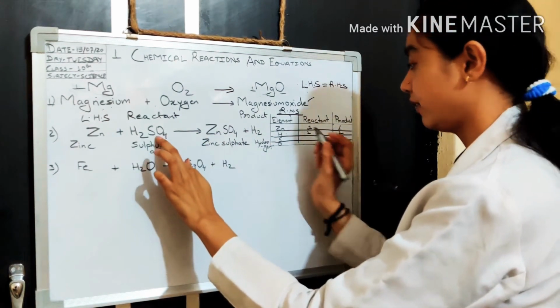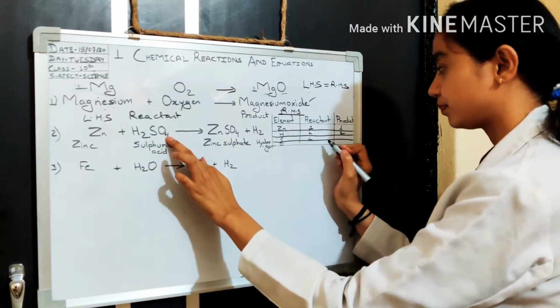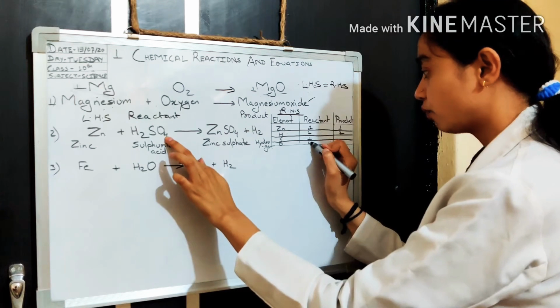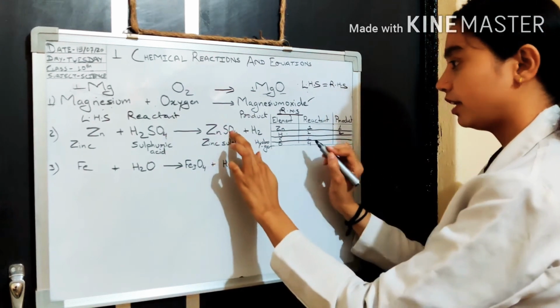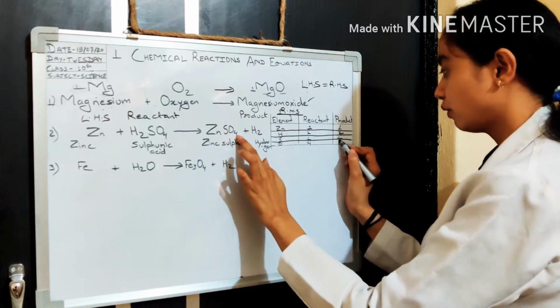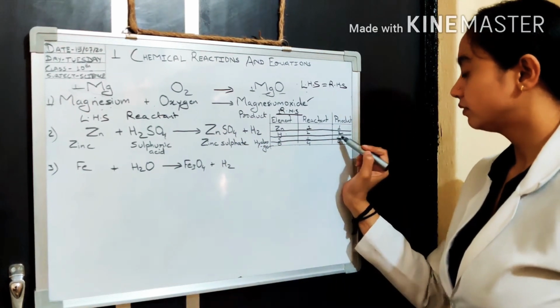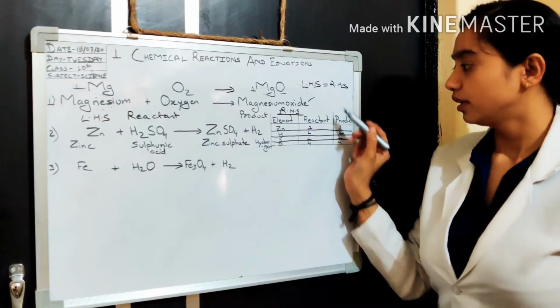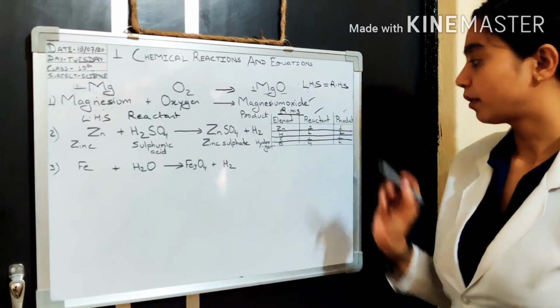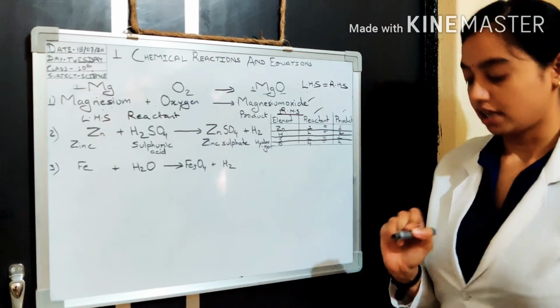Sulfur in reactant is 1, oxygen is 4, and in product sulfur is 1 and oxygen is 4. So you can see 1, 1, 2, 2, 1, 1, 4, 4. The reactant is equal to the product. These are equal to each other, so this reaction is balanced.